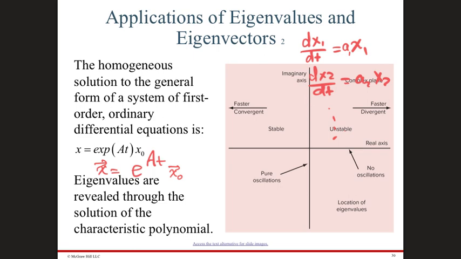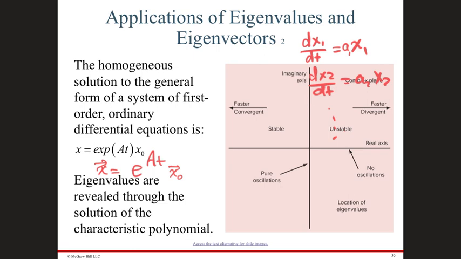For those equations, the eigenvalues of the matrix A, whether they are real or imaginary, and whether they are real and positive or real and negative, have a very important meaning to the solution of this differential equation.